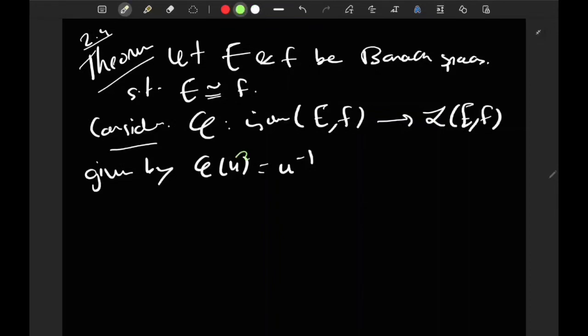So for each u in isom EF, which if you recall, isom EF was the set, okay, it's an open set.